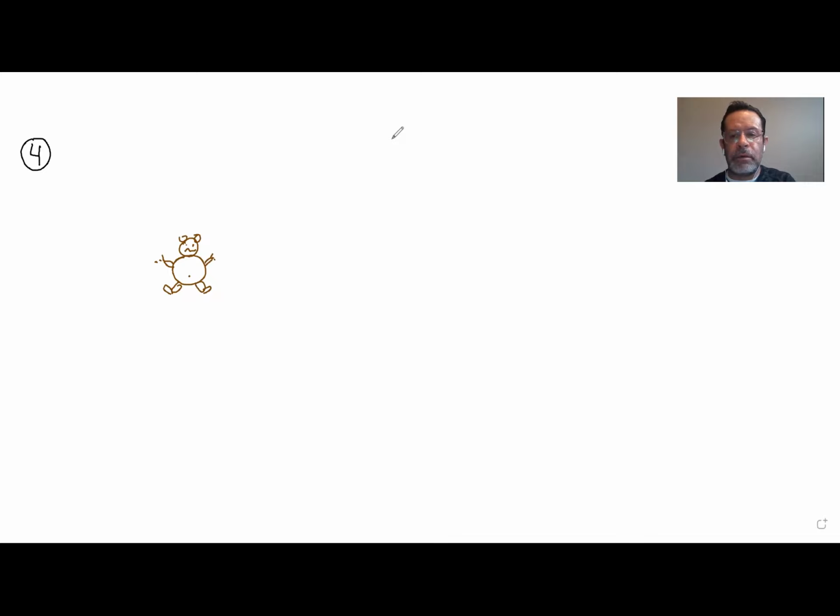The bunny and the deer are located at the base. So we've got a fluffy bunny here. It looks like a chicken. It should be more like this.